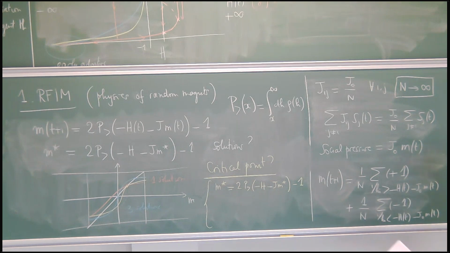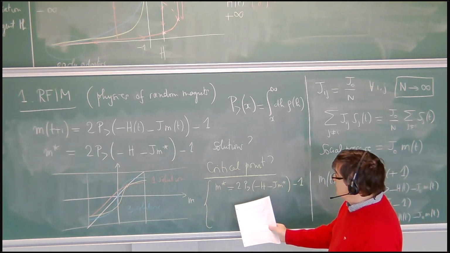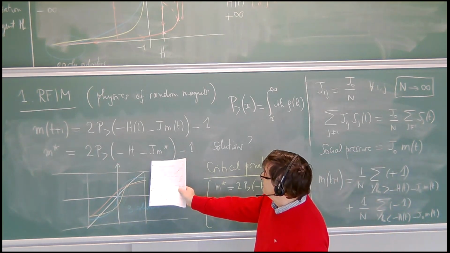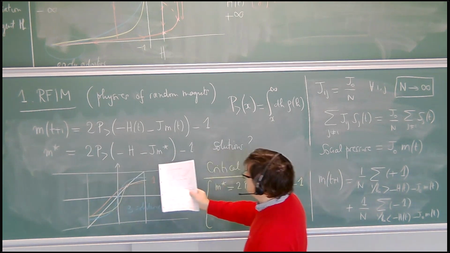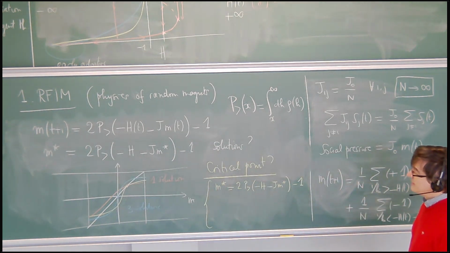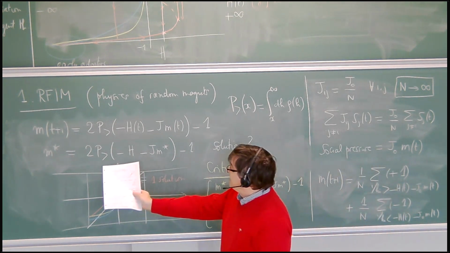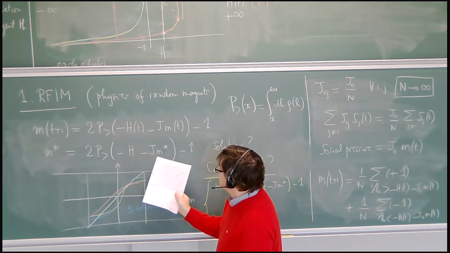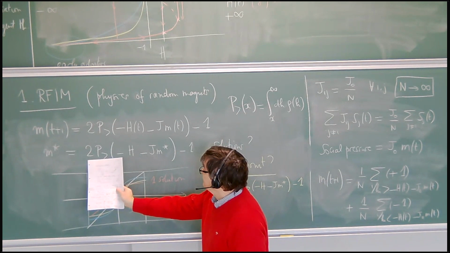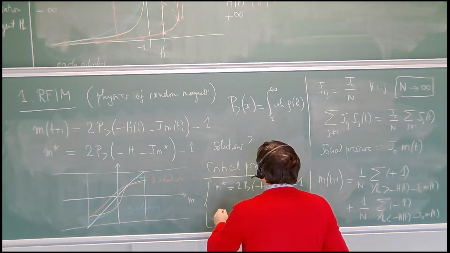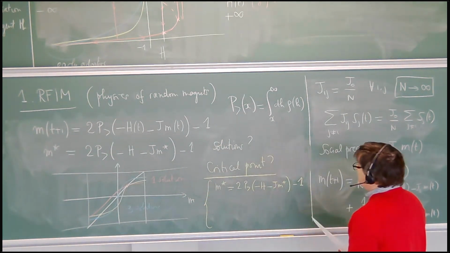And so in order to get the slope, I need to take the derivative of the right-hand side with respect to m. So if I do that, I will have that minus j times 2.